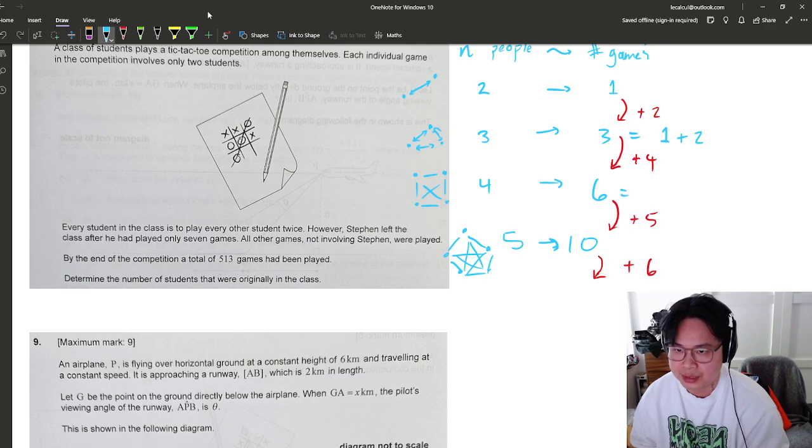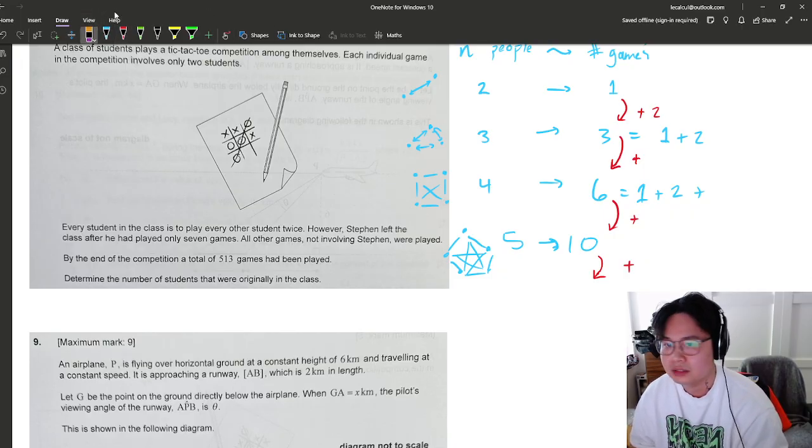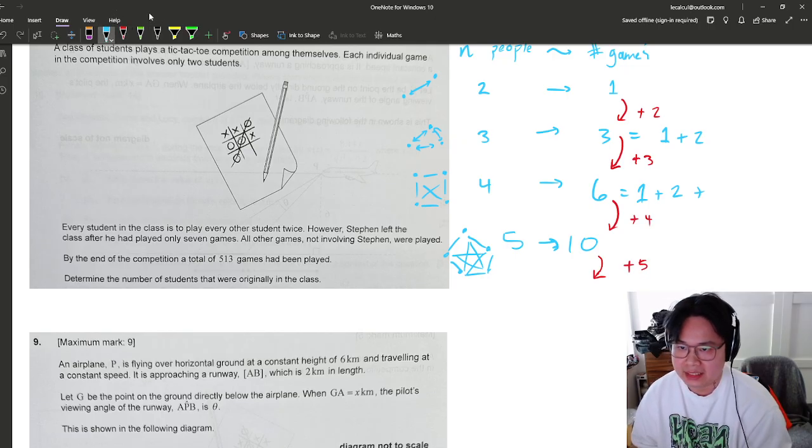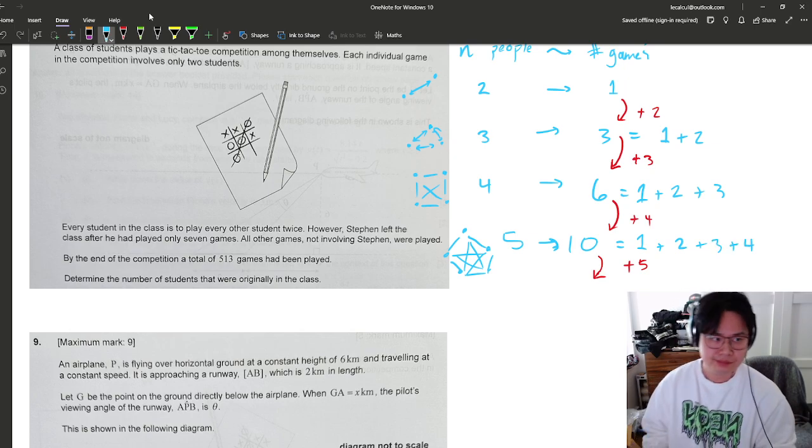Then 6 is 1 plus 2 plus 3, and 10 is 1 plus 2 plus 3 plus 4.